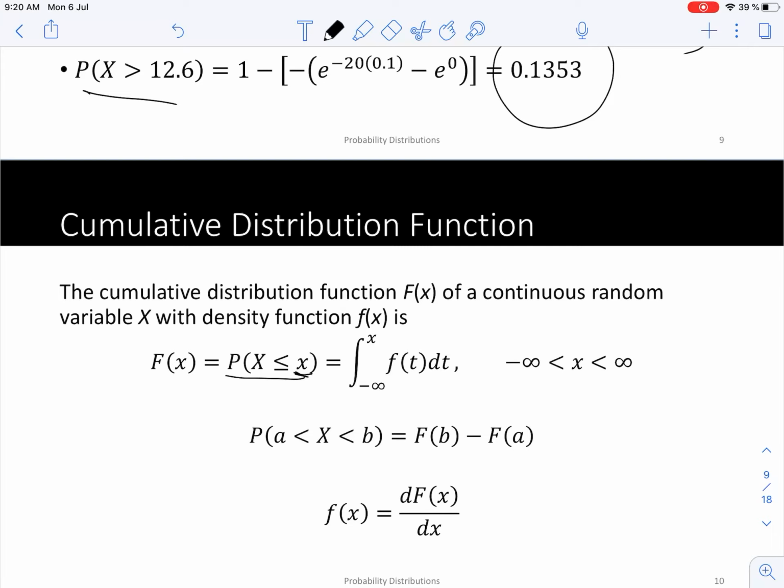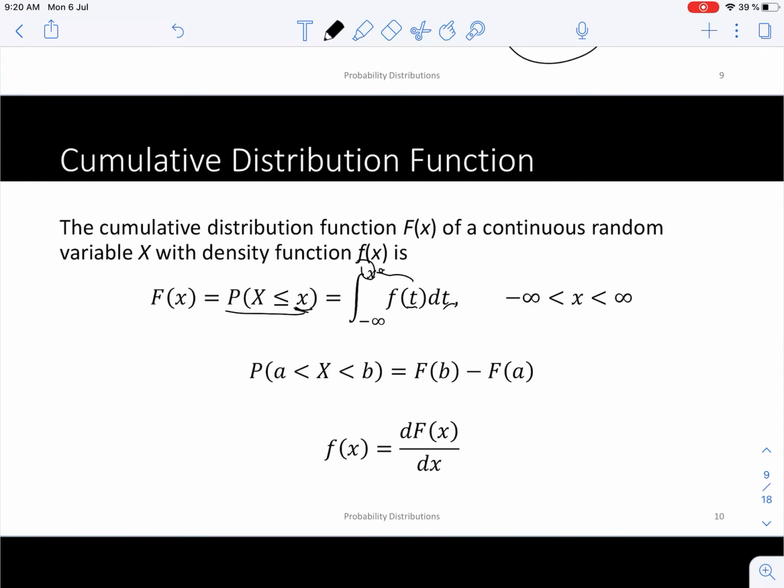But here, instead of the sum, we will have the integral from minus infinity up to x. Here we change the variable. This is just an alias to avoid confusion with the limit, right? But don't worry about it. We're using just t as an alias to avoid the x in the function and the x in the limits.